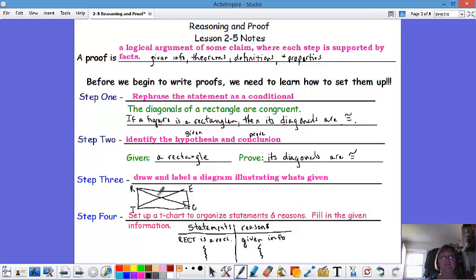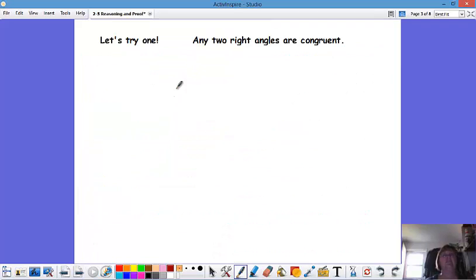The picture, really important part of this, it should show what's given in the problem, and many times I draw the picture towards the top of this process. Finally, setting up that T-chart so that we have a way to organize our information. Let's move on and see if we can't do that for this little example.